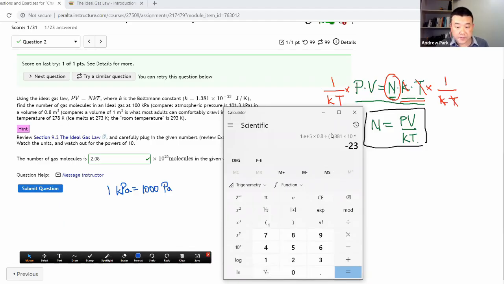Since I'm still within the parentheses, I can do times the temperature, 278. When I put in equals, I get the answer, and you can see it's the same answer I got before. So this is how you calculate this question. Let me keep going.